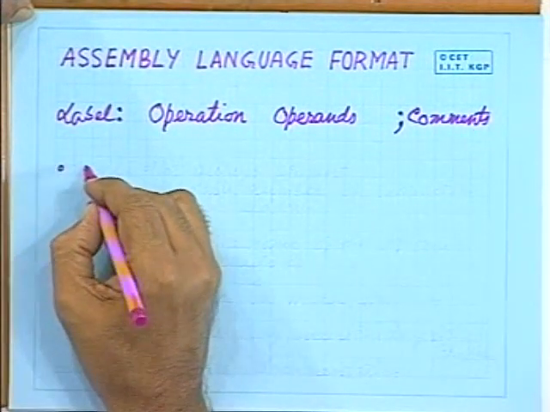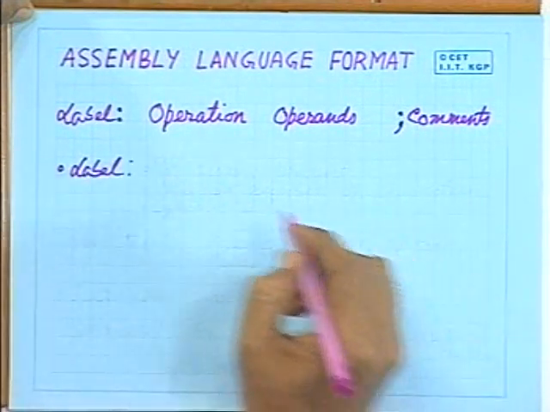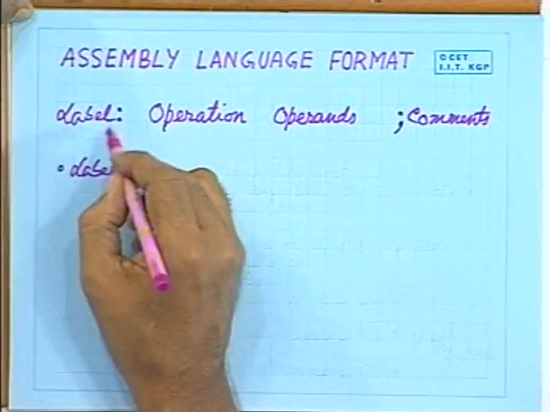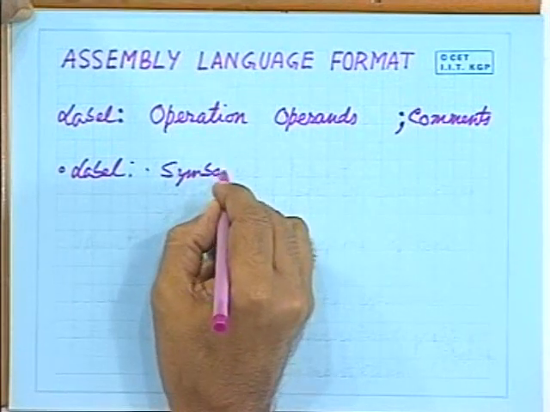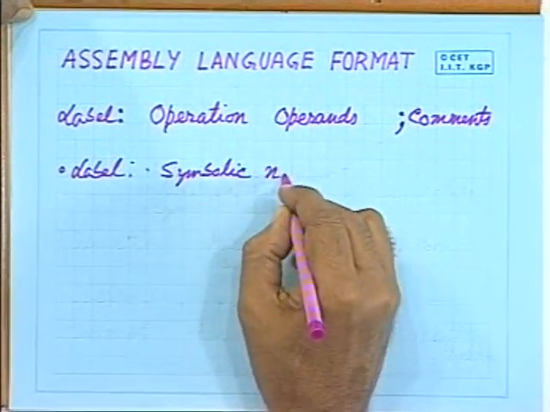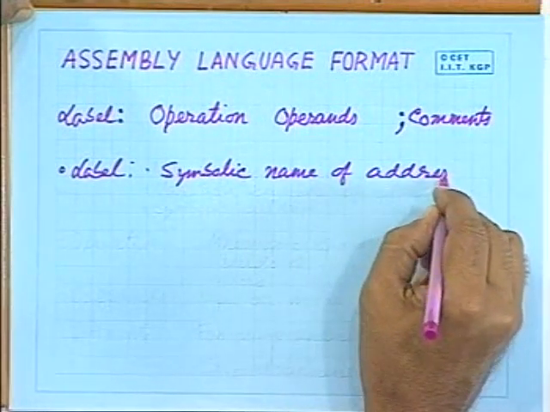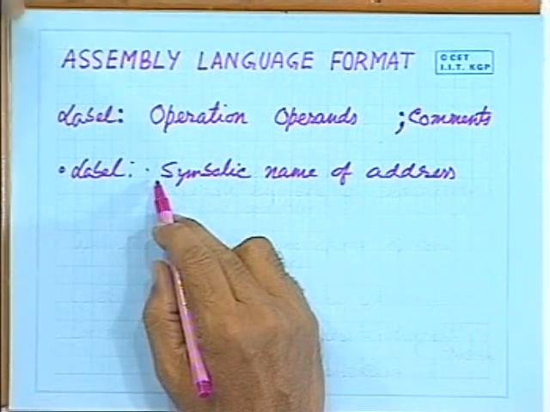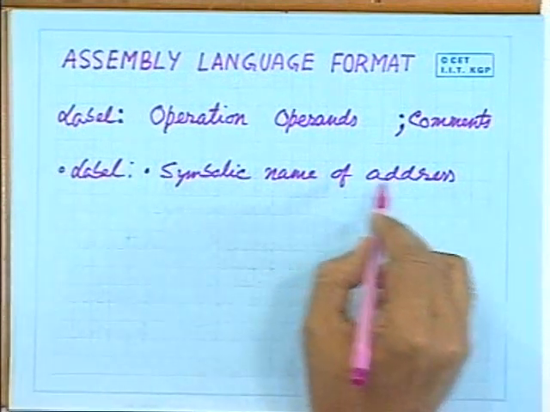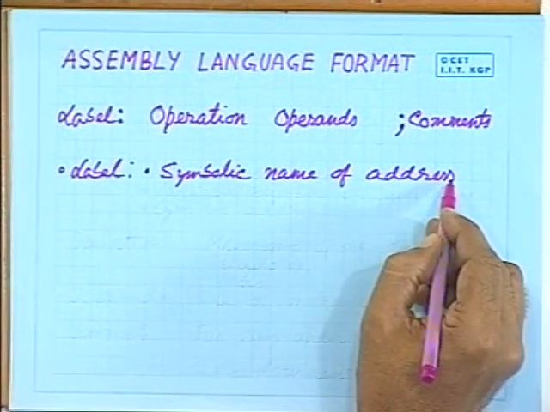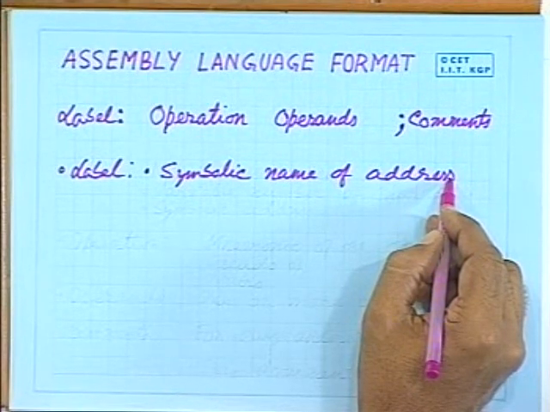What is the purpose of the label? The purpose of the label is it provides you the symbolic name of address. As we shall see later, in the label field you provide the symbolic name of the address where the program will jump, or which you have to refer to in your program as part of the instruction.